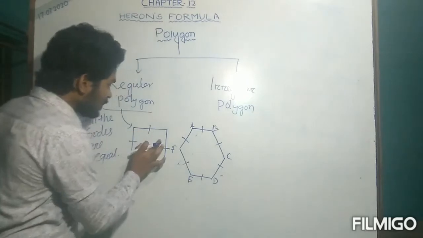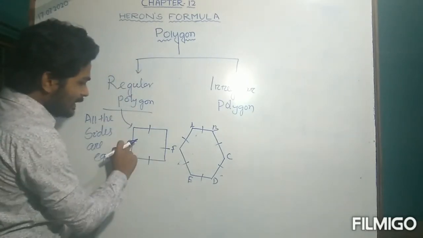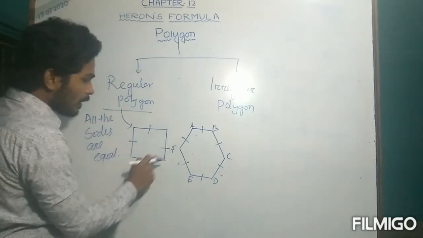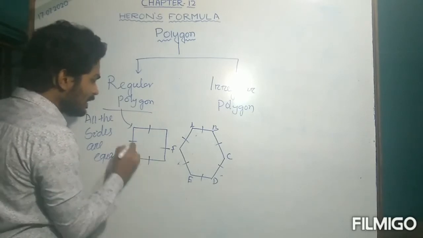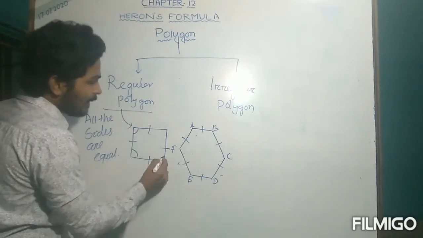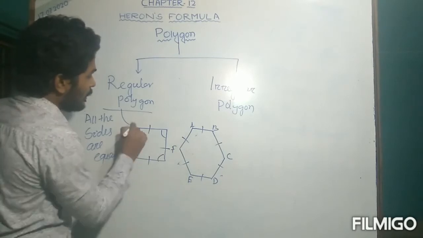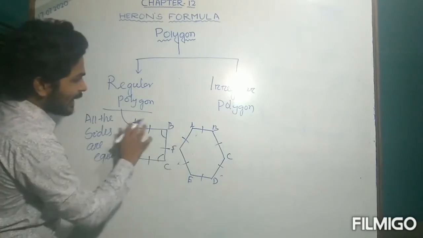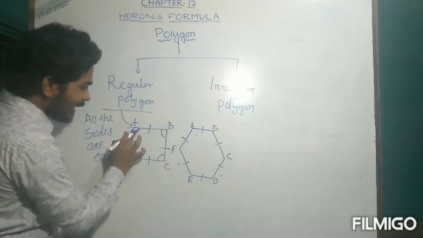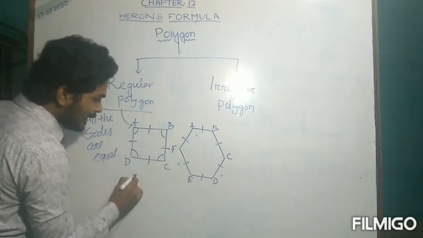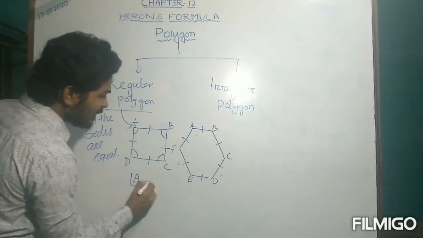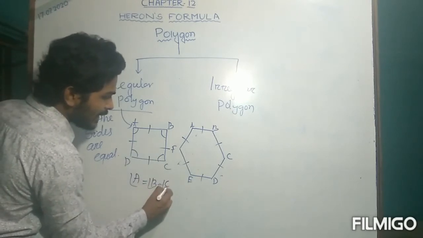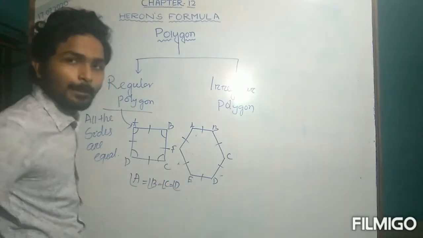In case of a quadrilateral, it is a regular polygon because all the sides are equal, which means all the interior angles are also equal. Suppose this is a quadrilateral having sides AB, BC, CD and DA, and angles A, B, C, D. Then in this case, angle A is equal to angle B is equal to angle C is equal to angle D.